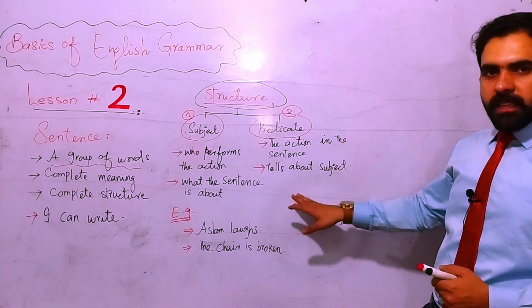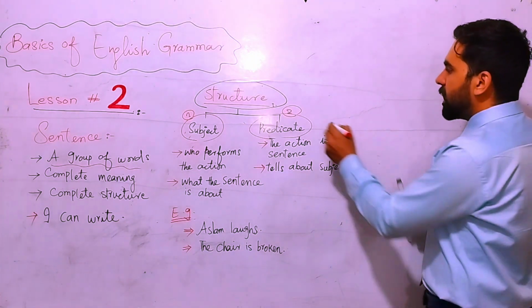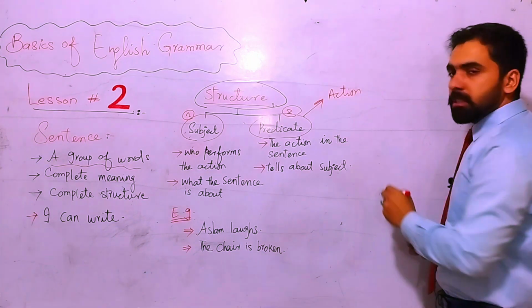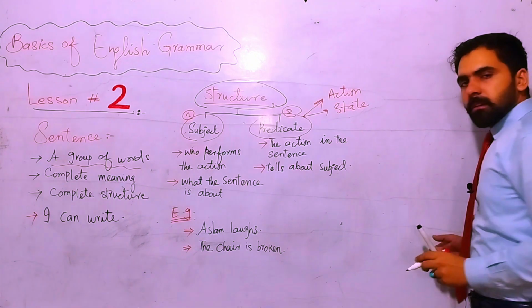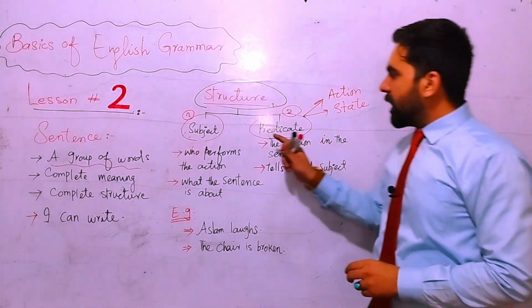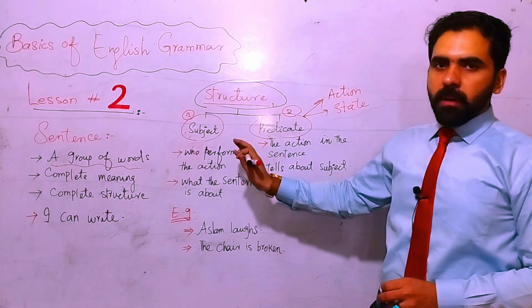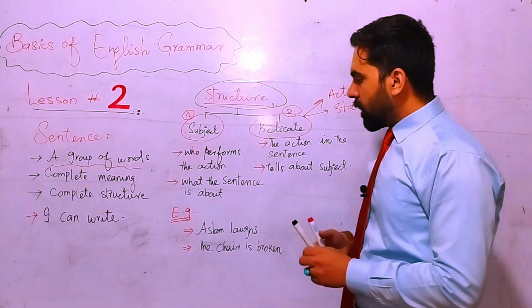Sometimes there is an action, sometimes there is a state. A predicate can either be an action or a state. Okay, these two elements are a must when we talk about the basic structure of a sentence. Okay, look at the examples.